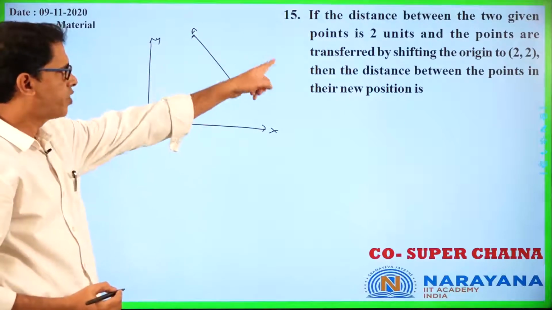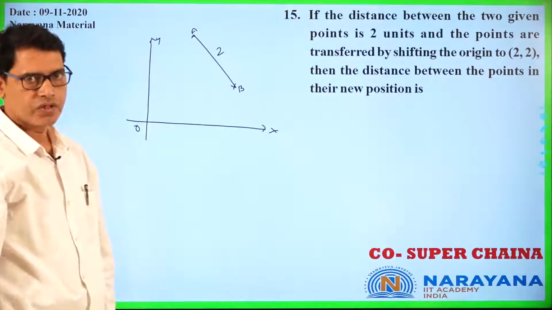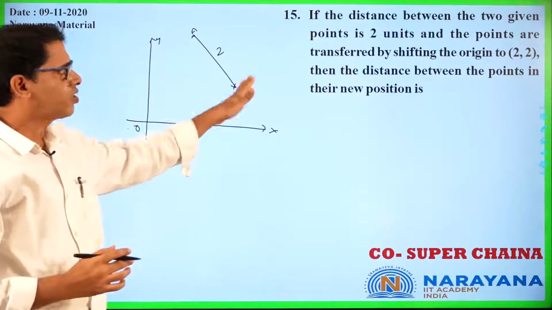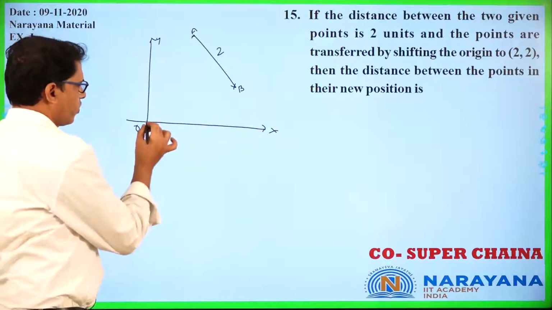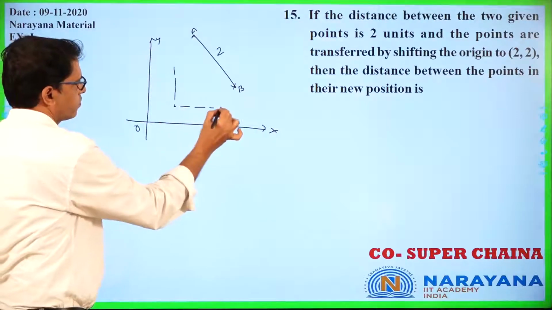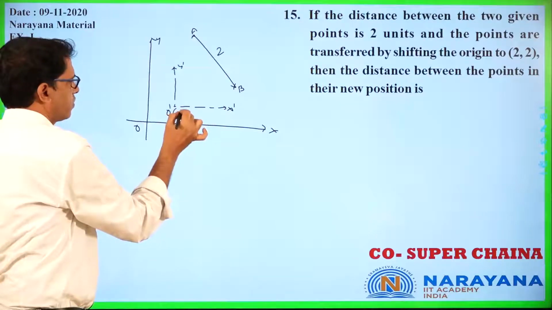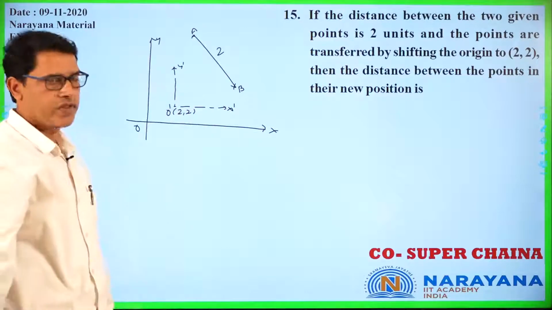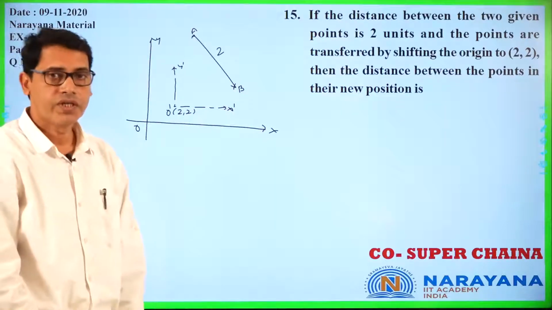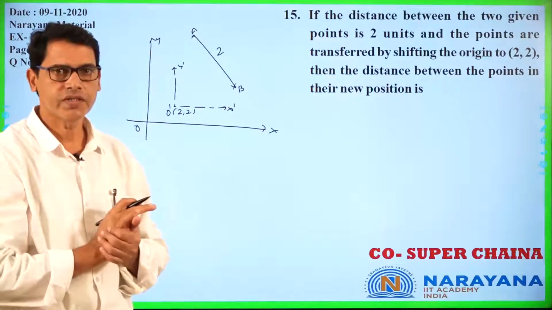The distance between the 2 points, this length, is given as 2. Now what we are doing? We are shifting the origin to 2, 2, from here to here, with new axes X dash, Y dash. Then what will be the distance between the 2 points?